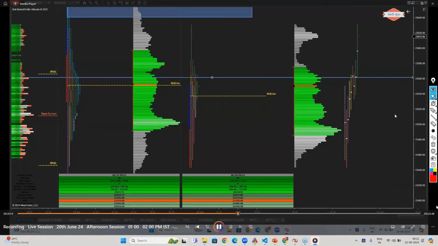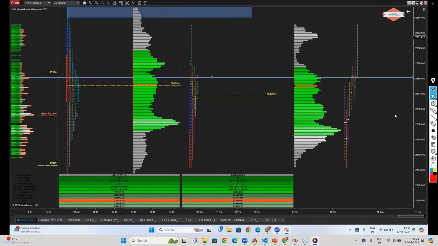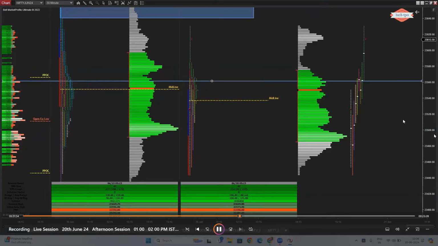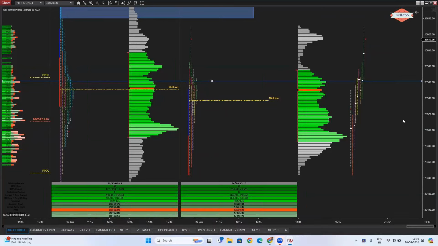And one of the good trade locations to test our shorting skills here, intraday shorting skills. The I period is having a lot of single prints.